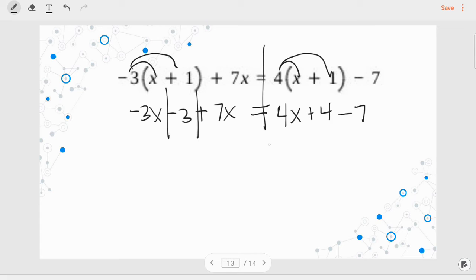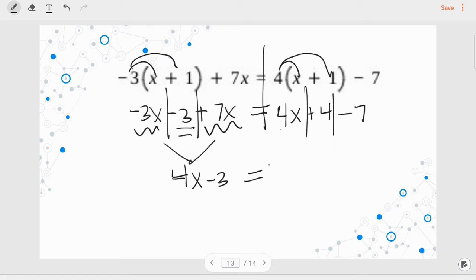I separate out my terms on my left side. I'm going to ignore the right side for now. Combine anything that's alike. Negative 3x and 7x, those are alike. That adds to a total of 4x. Negative 3 doesn't have any like terms, so I bring that down. Equals, separating out my terms, 4x is on its own. 4 and negative 7 give me negative 3.